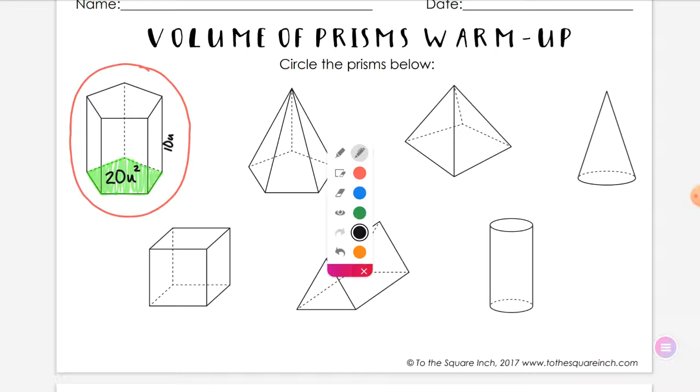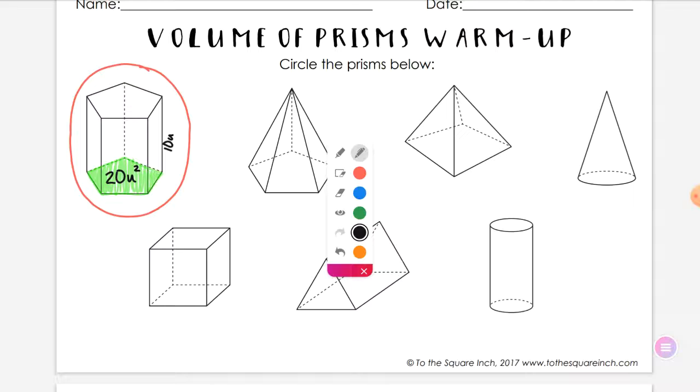So here's where we're bringing together a bunch of things we've learned previously. We just learned today and Friday that to find volume of a prism, we need the area of the base shape and the height of the prism. We know triangles, rectangles, trapezoids, parallelograms, but we don't have a formula for area of a pentagon.